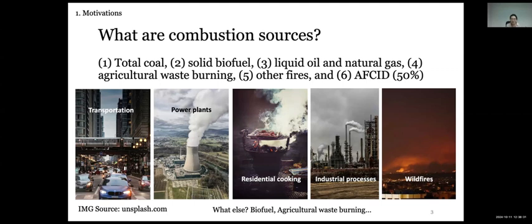We simply assume that 50% of these sources are from combustion sources. This is because the ambiguity of this source makes it hard to disentangle which is from combustion and which is non-combustion. Therefore, we just make that very simplified assumption.